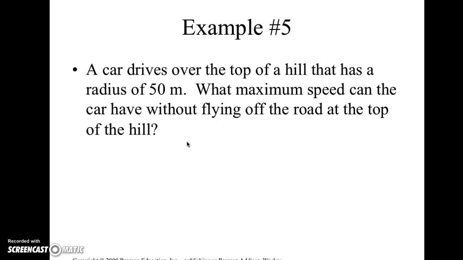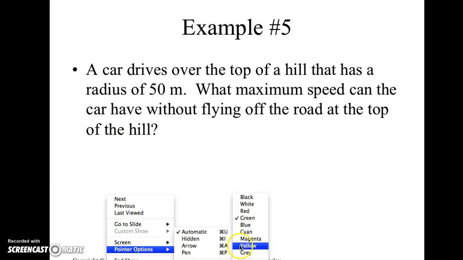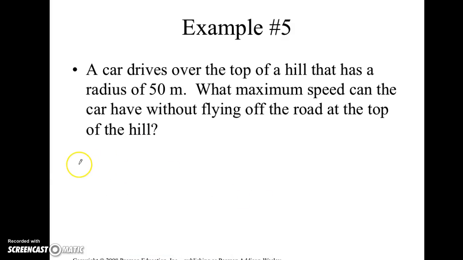If a car drives over the top of a hill that has a radius of 50 meters, what maximum speed can the car have without flying off the road at the top of the hill? Well, if just before it flies off, or just as it flies off, there is no normal force, so the only forces that you have going on are mv squared over r equals mg.